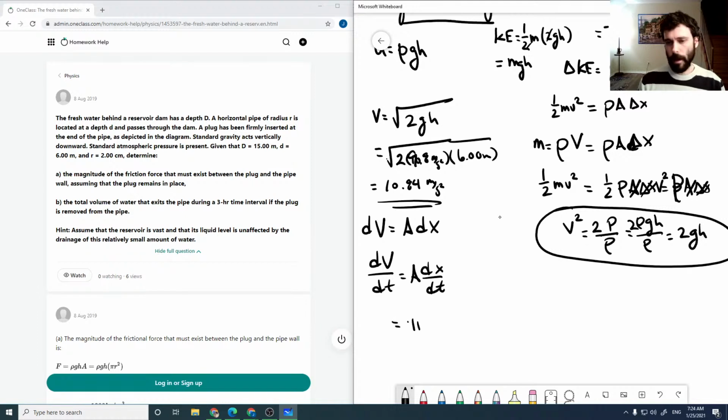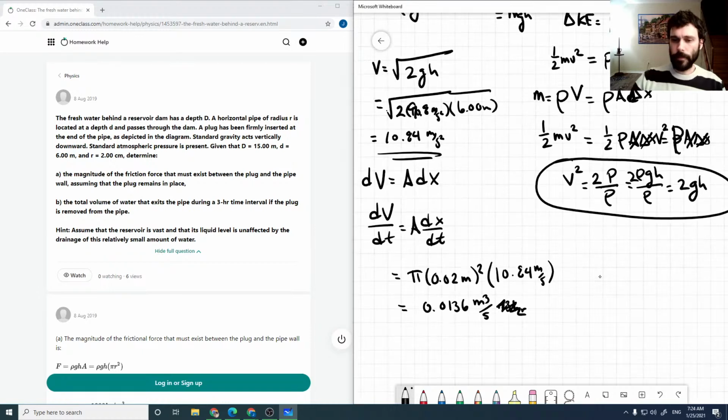So this is pi times 0.02 meters squared times our velocity, which is 10.84 meters per second. And so then this is 0.0136 meters cubed per second times 3 hours.